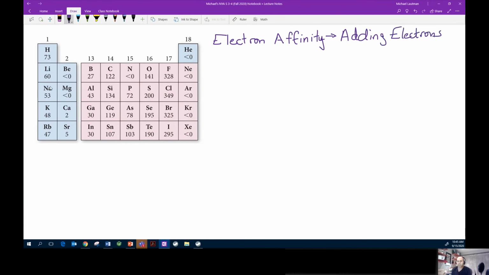Now, here's the thing. The signs on this table are all messed up. All of these numbers should be negative, because the first electron affinity is almost always exothermic, except in these cases.